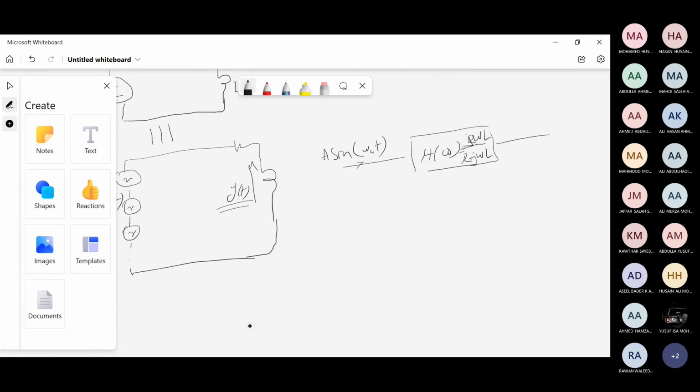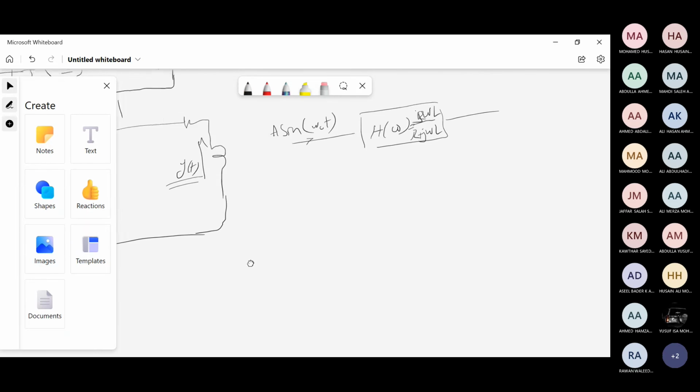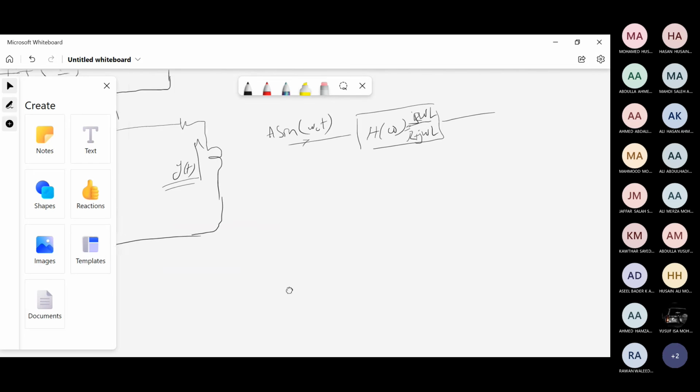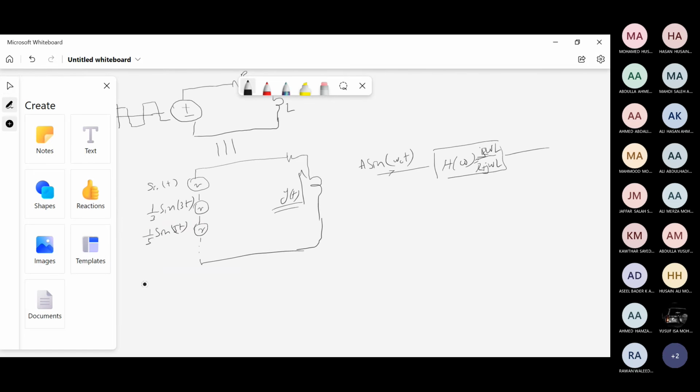According to the law, so straightforward. Output, if we have only one, from the first one, it is equal to 1 multiplied by the magnitude of h at 1, sine t plus the angle of h at 1.